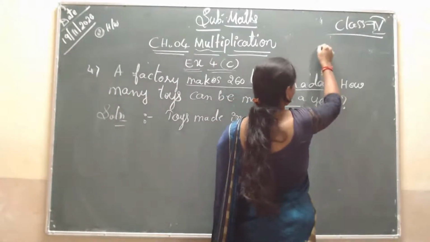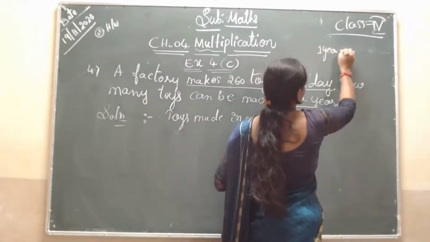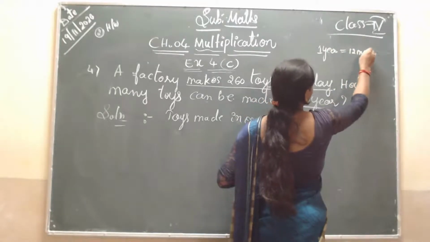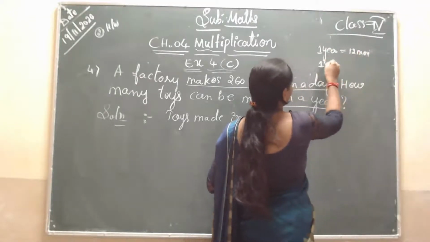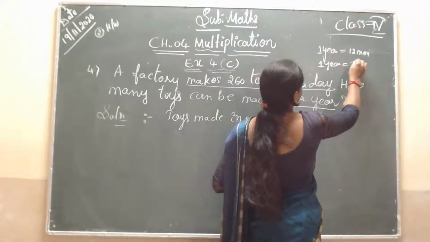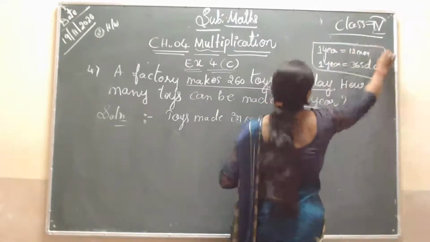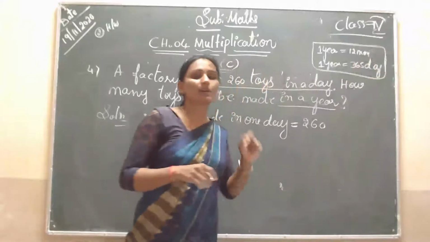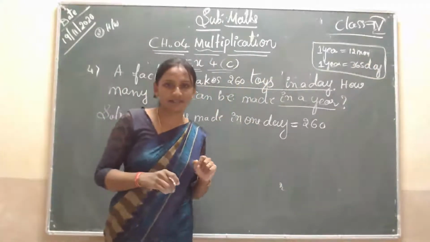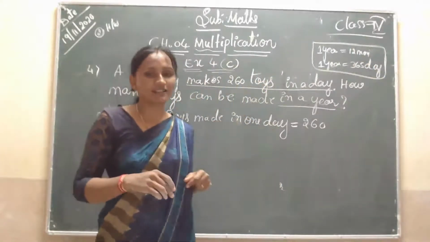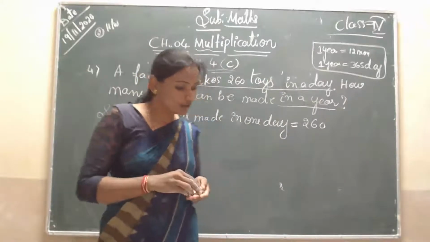So you know that 1 year is 12 months, but 1 year is 365 days. But you have to consider, students, whether it is a leap year or non-leap year. Here the particulars are already given as 365 days. So what is the next question?